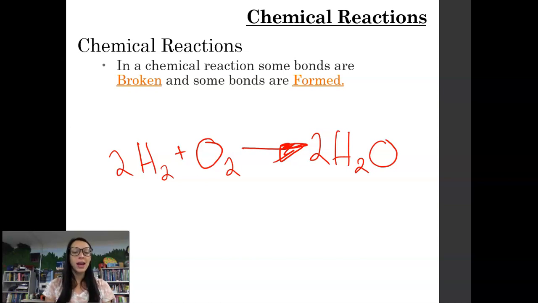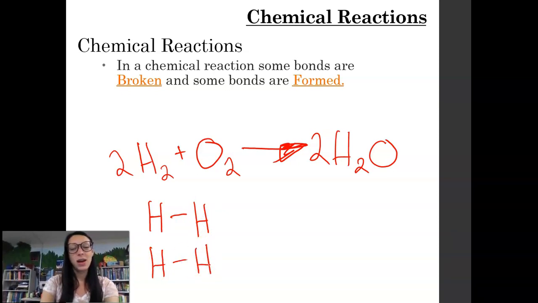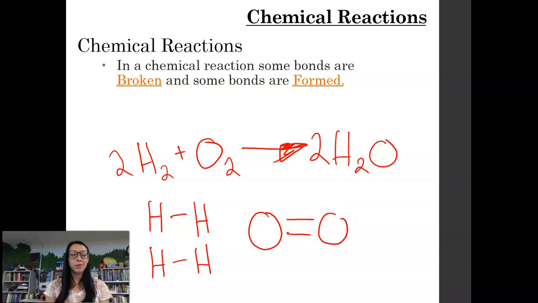Now, if you look at the bonds between these hydrogen molecules, it might look something like this. This is 1 hydrogen molecule here, and we have 2 of those. And then we have our oxygens, and our oxygens are going to be held together like this. Now, in order to actually build a water molecule, we need to break apart some of the molecules that we already have.